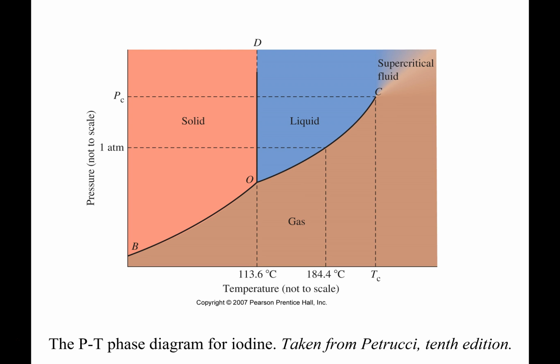Bottom line is, can you see where supercritical fluid is warmer, so T is greater than the critical temperature? And can you see where the pressure is greater than the critical pressure? Where if I say what the coordinates are there, it's x, y, so it'd be T sub C, P sub C.